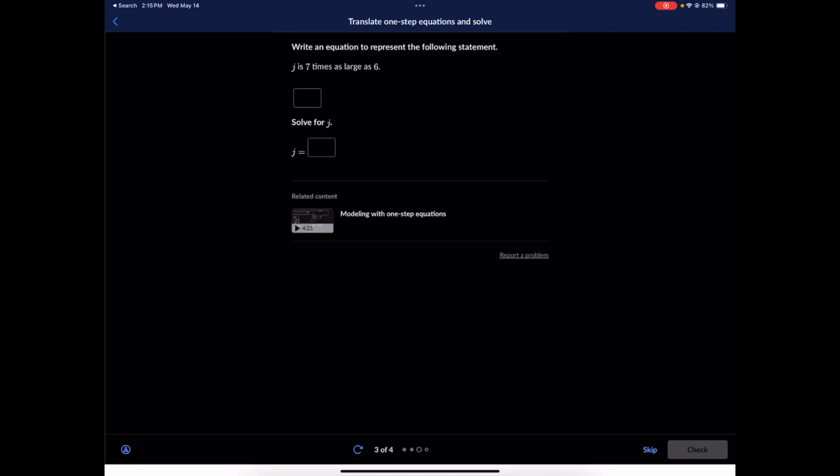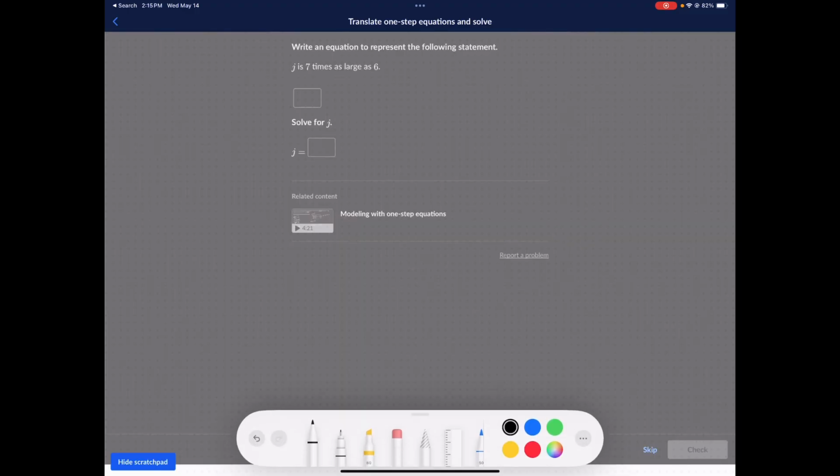So anyways, J is 7 times as large as 6. So if we have 6, J is 7 times as large as 6. So that means J is a lot bigger than 6. So we need to put weight on J. Let's divide by 7.